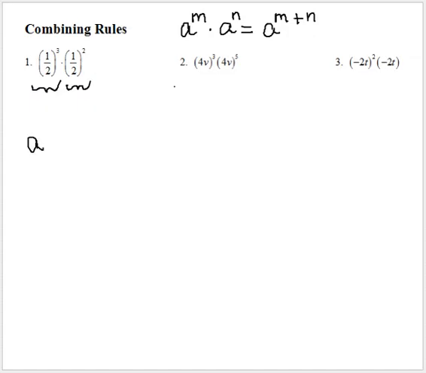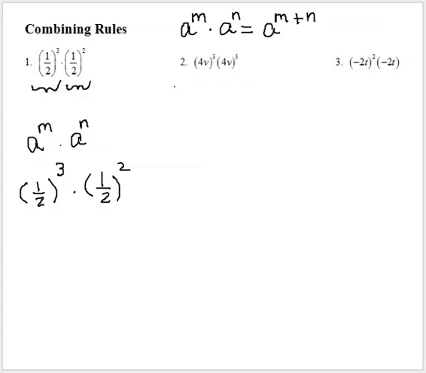So if I have a to the power of m times a to the power of n, in this case we have 1/2 to the power of 3 times 1/2 to the power of 2. So your a in this case, like we said, is 1/2.